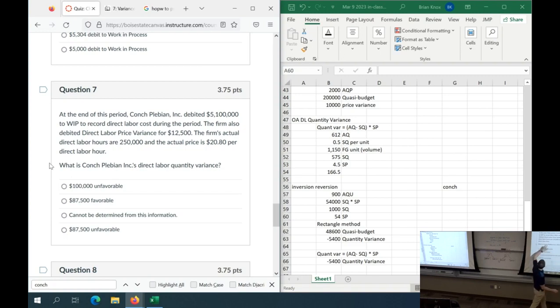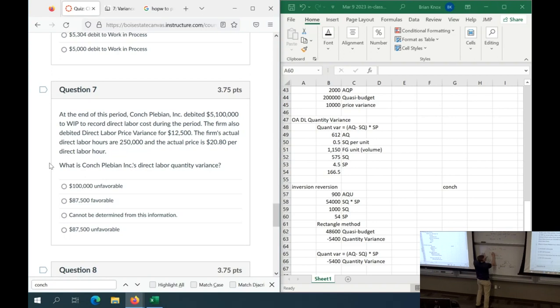The firm also debited direct labor price variance for $12,500. Okay, let's get rid of some of the extras on this one. I have 5.1 million debit to WIP.